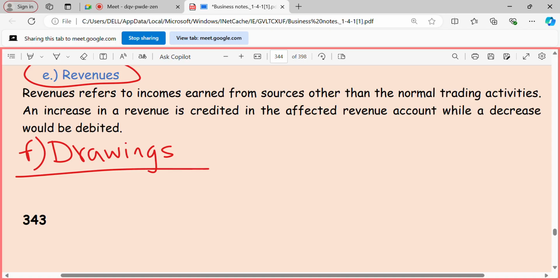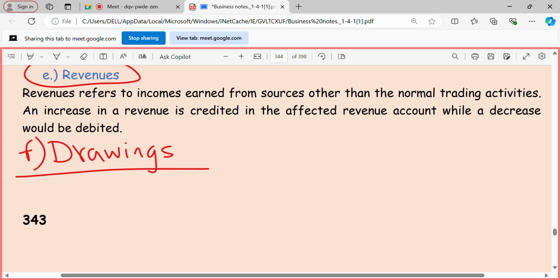Ile pesa unatumia nje ya biashara, ile pesa unatumia kwa kitu yenye si ya biashara, we call it a drawing. So a drawing is the money you spend outside business, for example for family use, hospital, school fees, vitu kama hizo, that is a drawing.